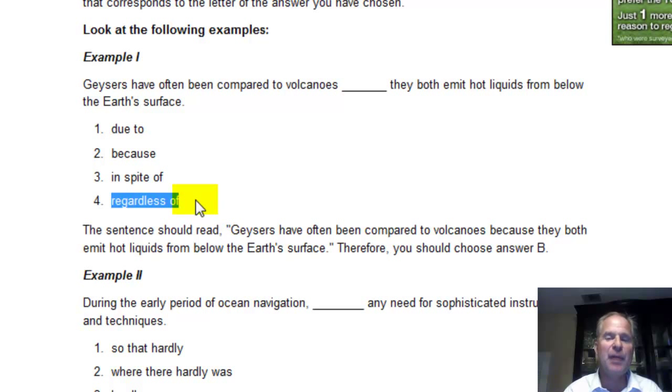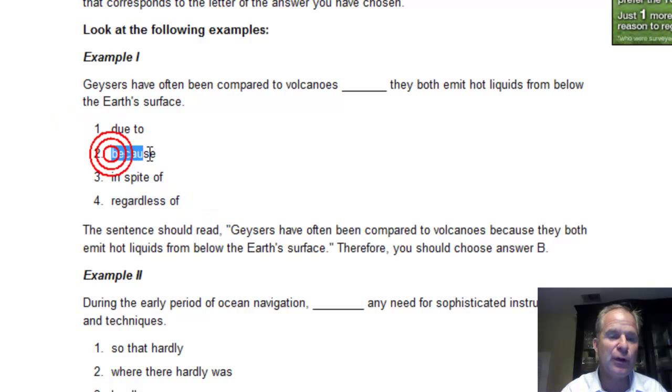So again, based on the analytical approach, your best answer is because, since you need what's called a subordinating conjunction or an adverb clause connector here in order to connect a dependent clause to an independent clause. That would be what's called the analytical approach.